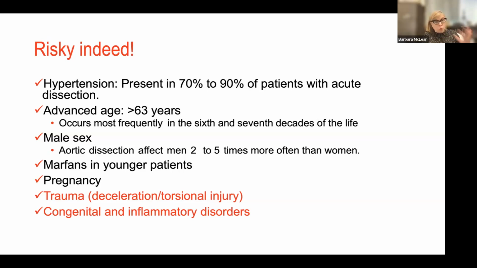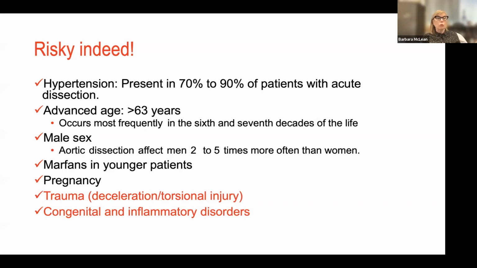So whenever we look at torsion injury, twisted injury, so I had a high speed impact, my body twisted and was forced up against the steering wheel or forced up against the front column, those are injuries that are going to put me at risk for aortic dissection. So immediately when you get those kind of patients, in particular anybody with a seatbelt injury, you are immediately going to think about the possibility of aortic dissection.